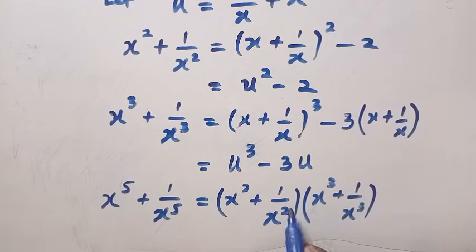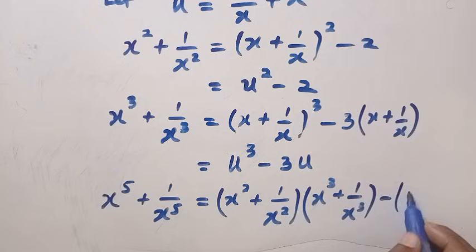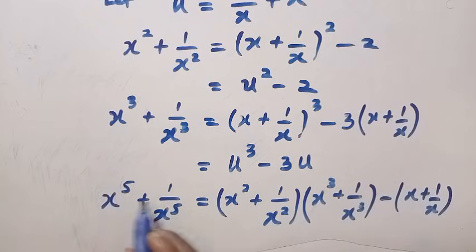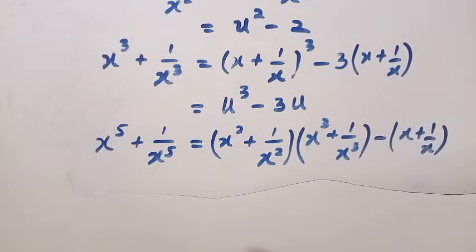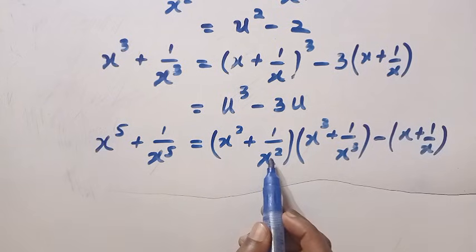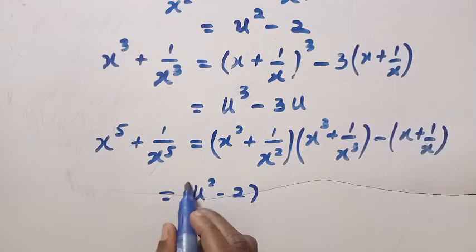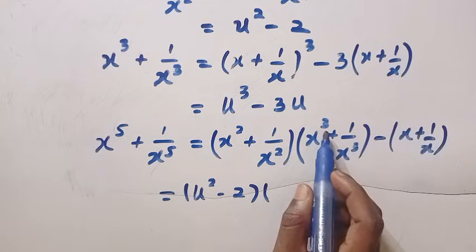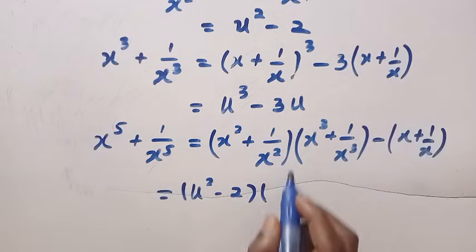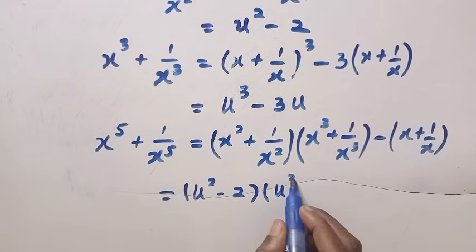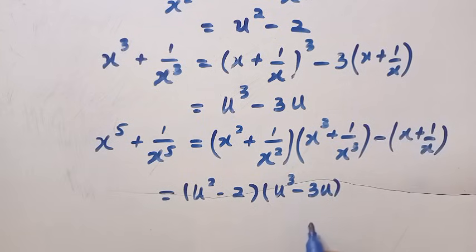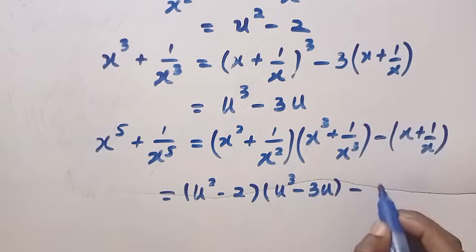We multiply these two expressions together and subtract x plus 1 divided by x from it, and we are going to get x power 5 plus 1 divided by x power 5. We should note that x power 2 plus 1 over x power 2 is given as u squared minus 2, and again, x power 3 plus 1 divided by x power 3 is given as u power 3 minus 3u. Then minus u.